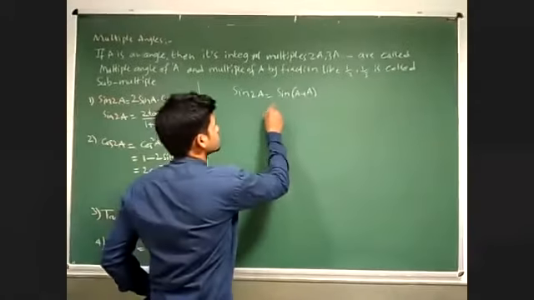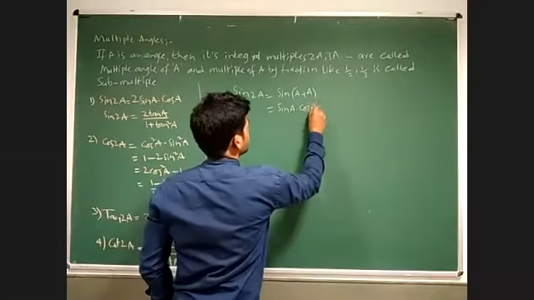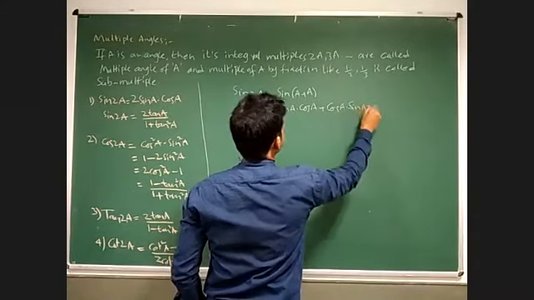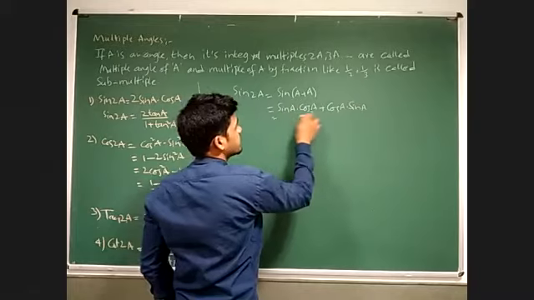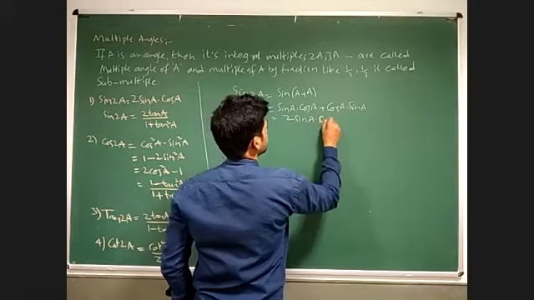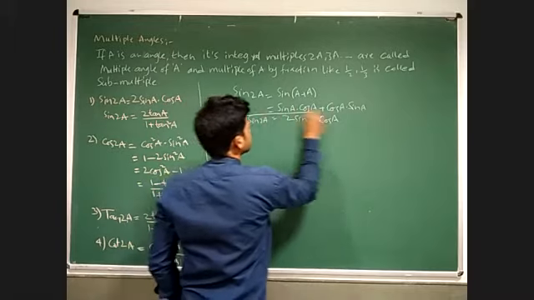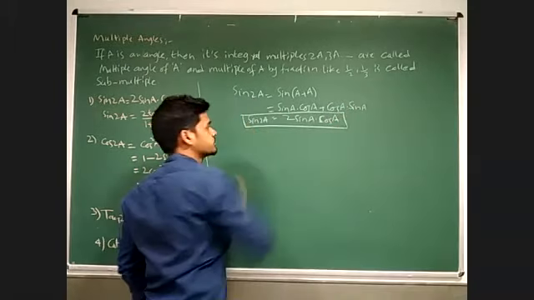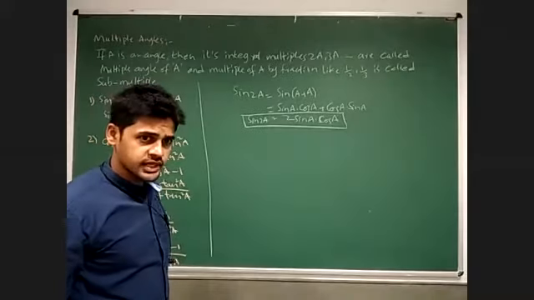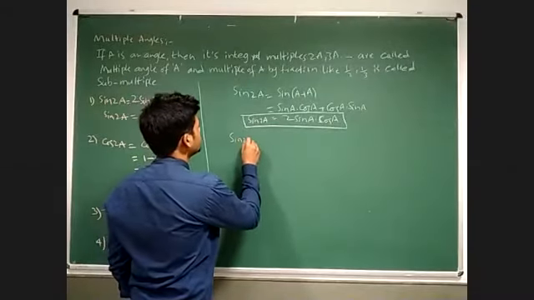Of course I can use it. So using the compound angle formula, sine A cos A plus cos A into sine A. So just see here, sine A cos A, sine A cos A, 2 times sine A cos A. So here I got sine 2A is nothing but 2 sine A cos A.